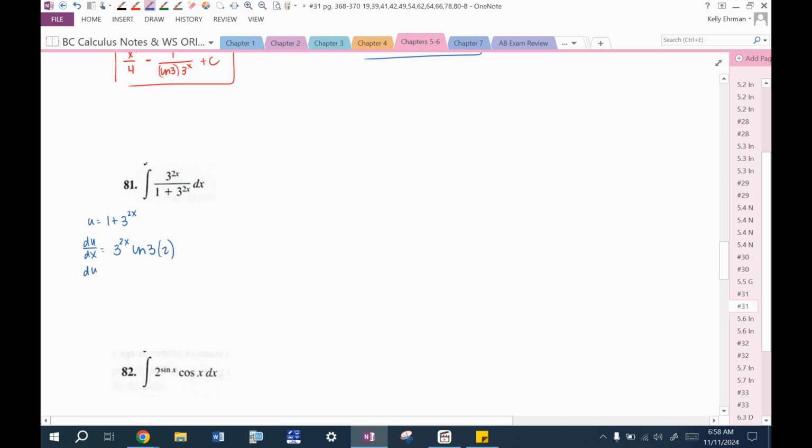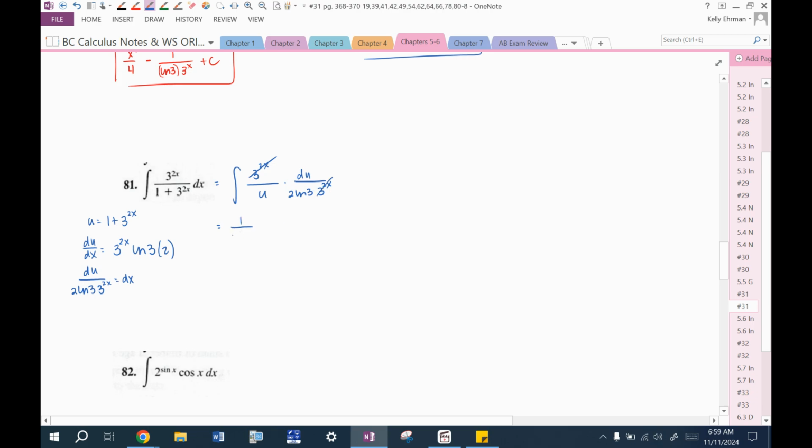And that means that du divided by 2 ln 3 to the 2x would equal dx. So if you want to set all of this up, you can. If you're getting into a place where you can kind of see, okay, that's going to cancel with that, and I'll just put the constant out, that's great. I just feel like we might not all be there yet, so I'm just going to keep showing this the detailed way. So yeah, 3 to the 2x's cancel.